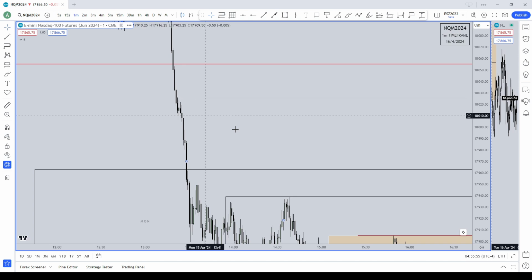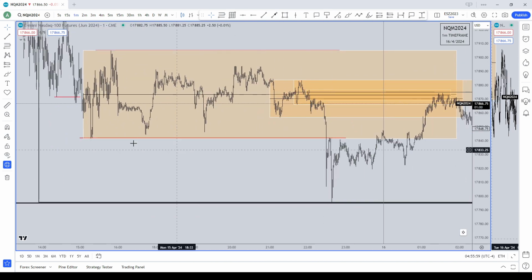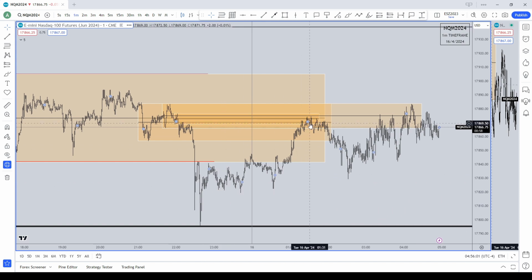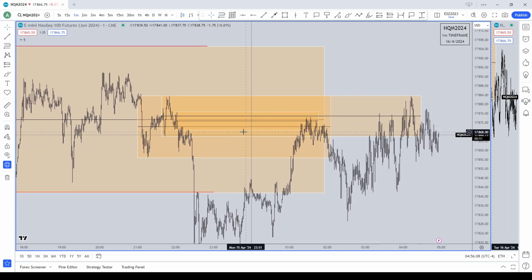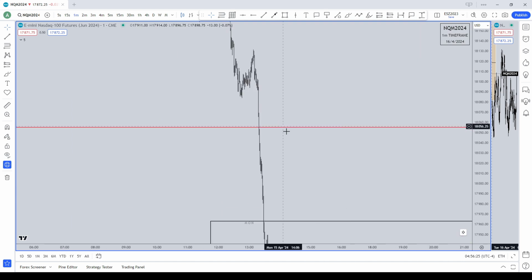Look at it like here. Closed below, we go above, and we didn't go down exactly from this zone immediately, but we go higher to a zone above which was unmitigated, and after that we go down.